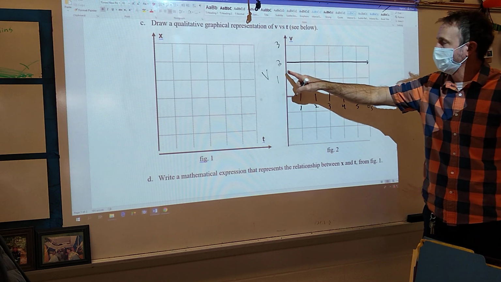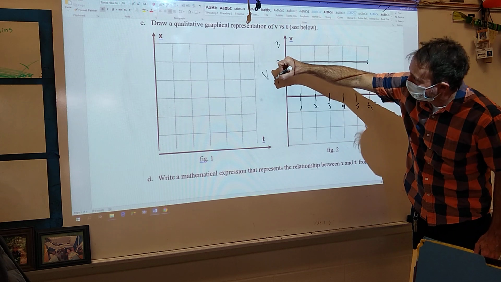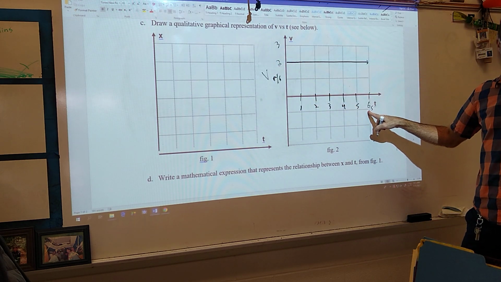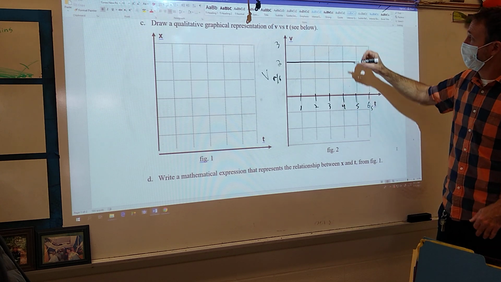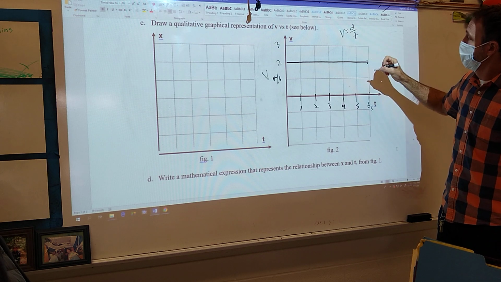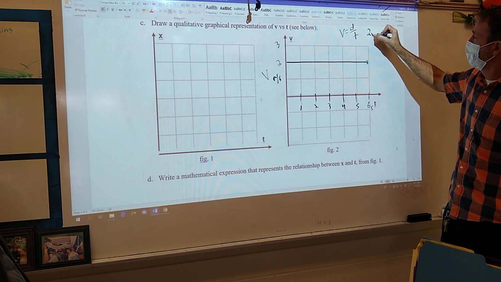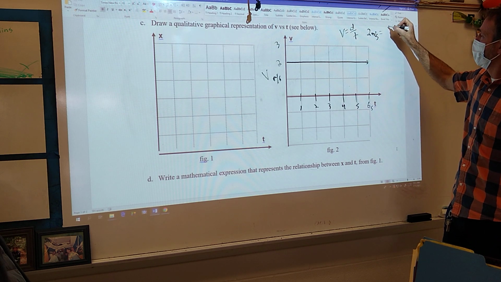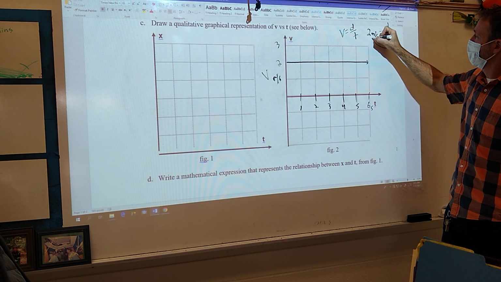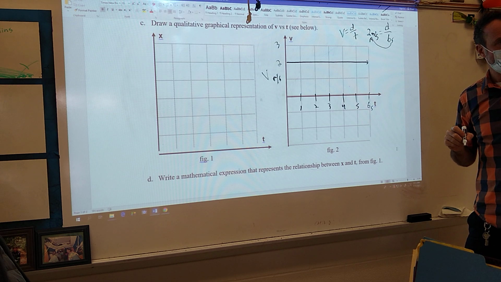So if the car is going 2 meters per second, remember this is meters per second, for 6 seconds, we could write a formula, V is equal to D over T, and we could say if it's going 2 meters per second, that's equal to distance over 6 seconds. 6 times 2 is what? 12.